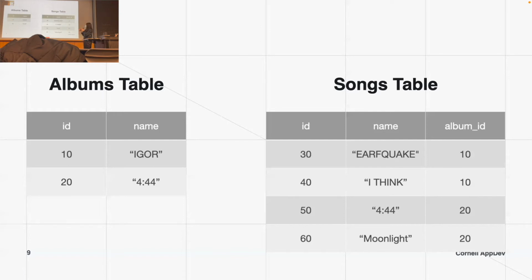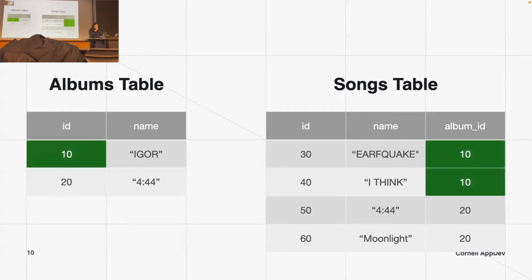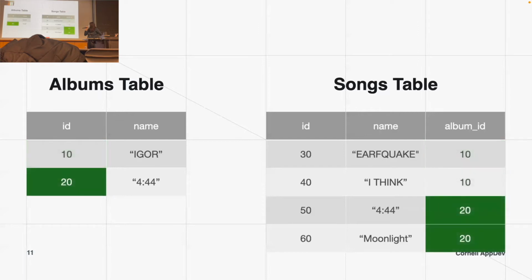Here we have ID 10 in albums, and it's associated with 2 songs in the songs table, and ID 20 in the albums table is also associated with 2 songs in the songs table. This is different from one-to-one in that the album ID is not unique, so you can have multiple songs associated with the same album.